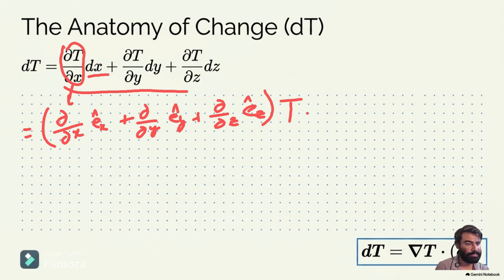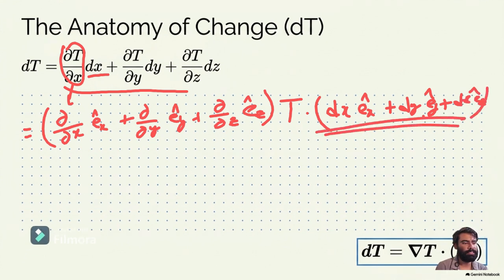We also have dx, dy, dz. So we take the dot product of this with dx ex plus dy ey plus dz ez. This is the infinitesimal change of the position vector.